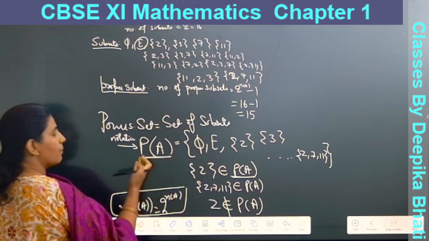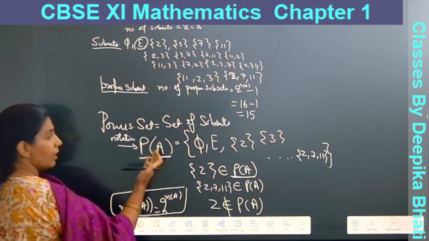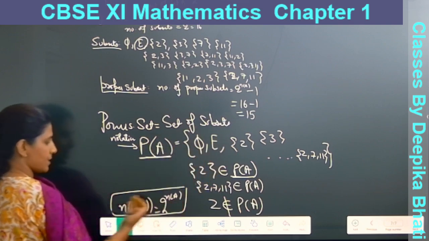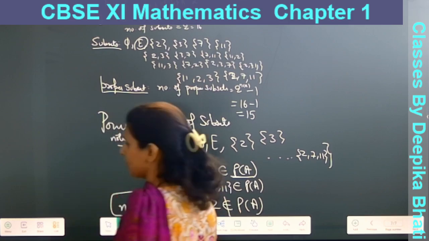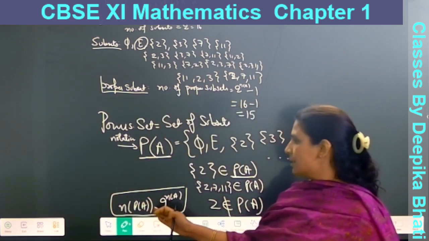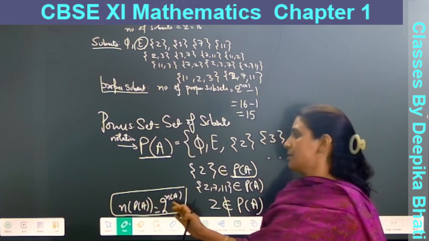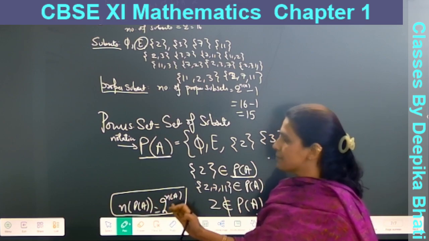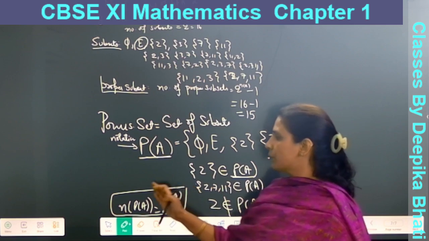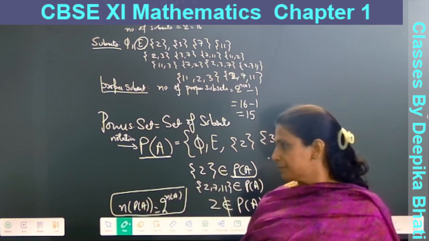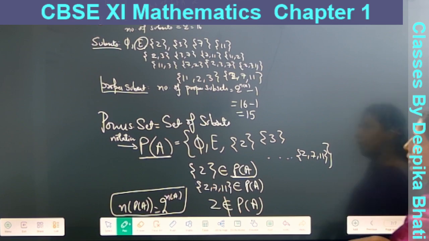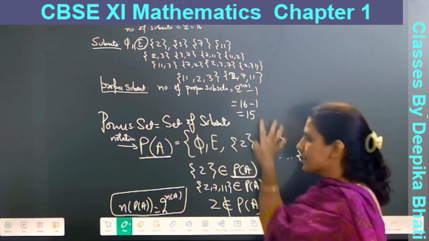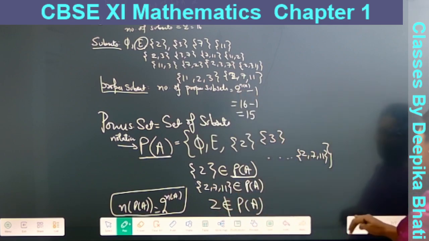So the number of elements the power set can have is only the number of subsets. Because all the subsets are going to be elements of this set. Is that fine? Ahan, is this clear to you? Yes. Okay, so now let me take you towards the question. I hope all this theory part is clear to both of you.